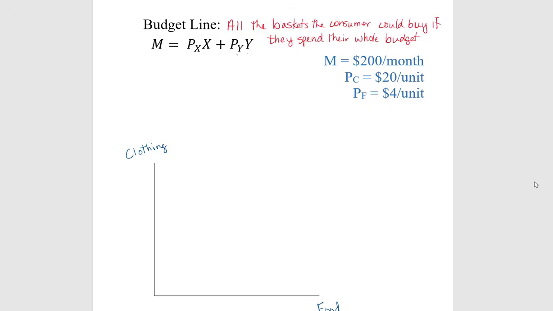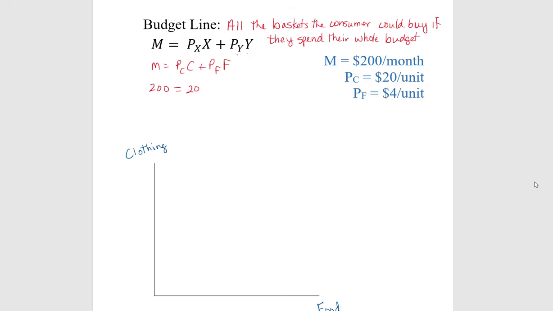If I'm looking at this for food and clothing, I could say their income has to equal the price of clothing times the quantity of clothing, plus the price of food times the quantity of food that the consumer buys. I want to be able to graph this and have an equation for this budget line in terms of the sample data we've got here. So let's pretend the income is 200, the price of clothing is 20.